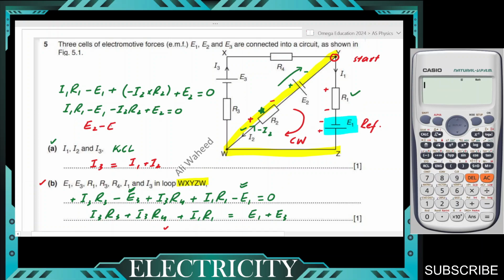E2 minus E1. These are the EMFs, and if you shift this thing and this one on the right side, it would be I2 R2. It would be changed to positive, and this one would be changed to negative I1 R1. So this is one of the methods that we use to apply KVL.